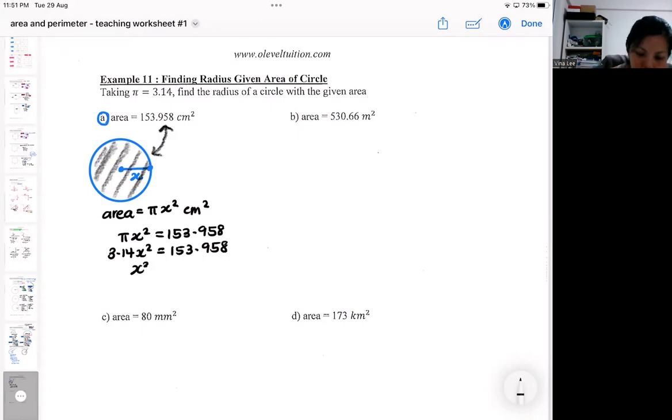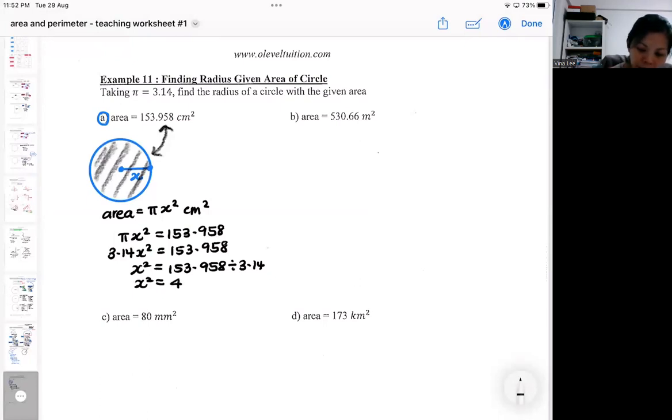I divide by the 3.14 first to give me x squared. In this case, I'm not getting a very nice answer.